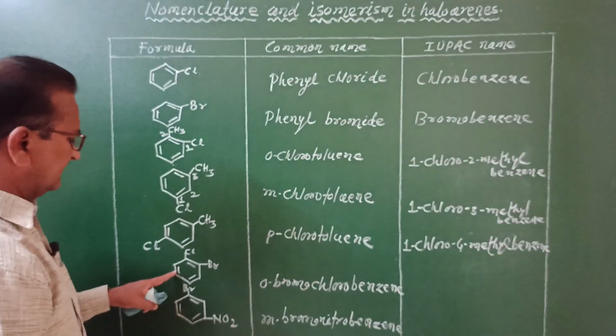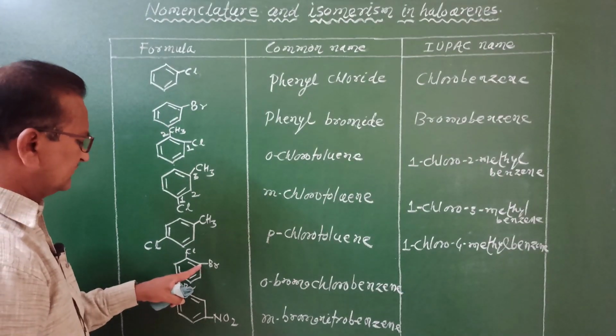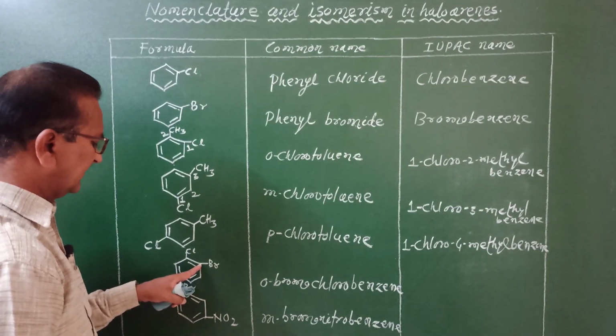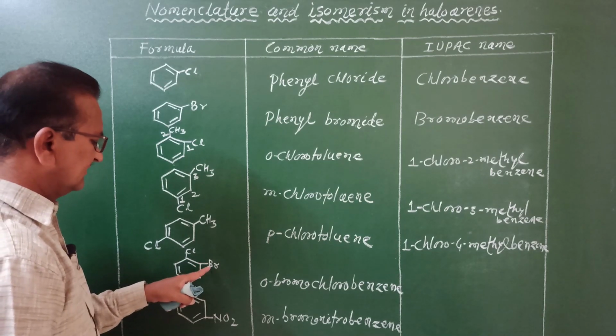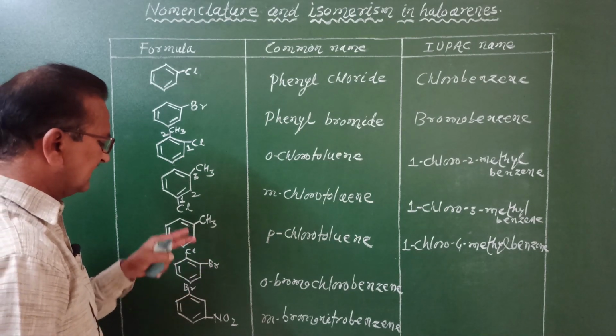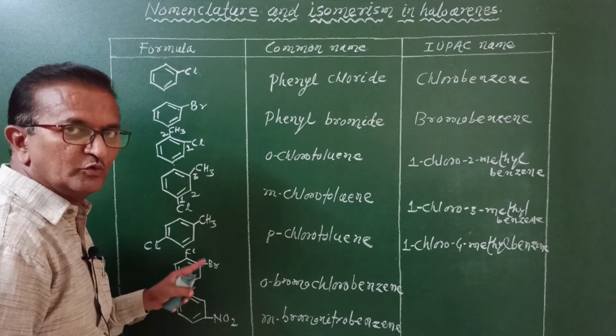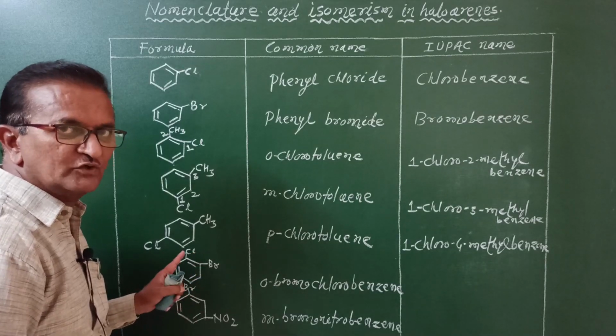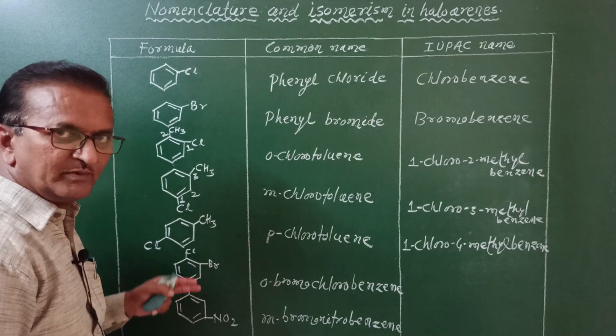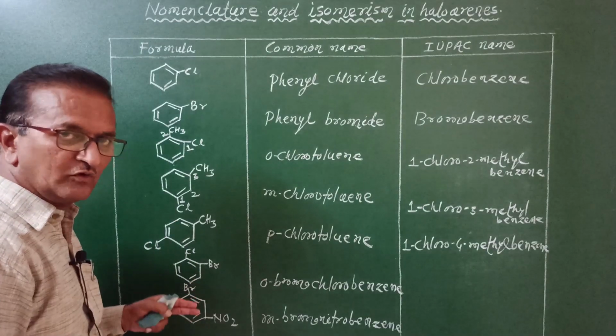Now let us see this one. Numbering should be started from this bromine atom, since bromine appears alphabetically first, B of bromine appears before C of chlorine in alphabetical order.